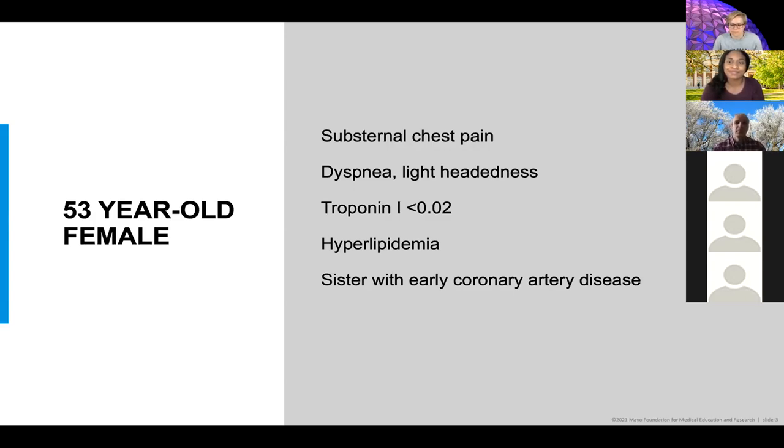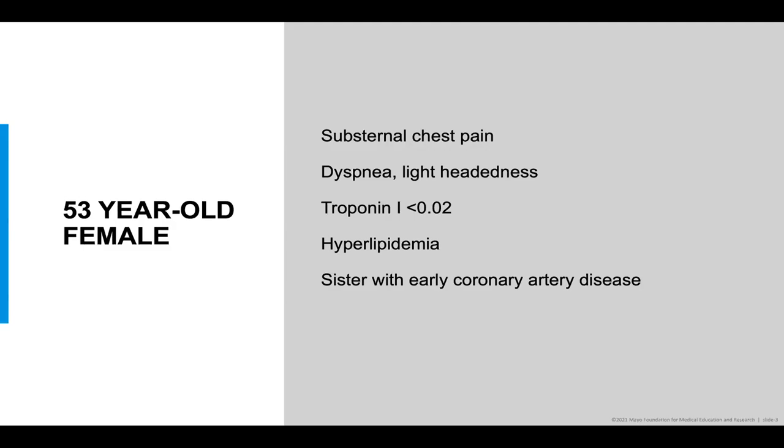So we'll get started. The first case, 53-year-old female with substernal chest pain. She has dyspnea, lightheadedness. Her troponins are negative. She has a history of hyperlipidemia and a sister with early coronary artery disease.